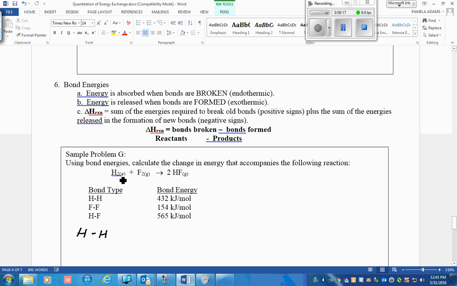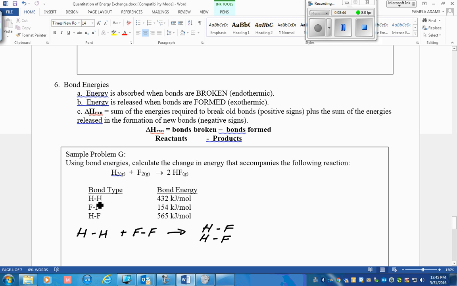H2 is another way of saying you have 2 hydrogens that are connected by a covalent bond, reacts with diatomic fluorine, 2 fluorines connected by a covalent bond, and it will produce 2 molecules of hydrogen bonded to fluorine.